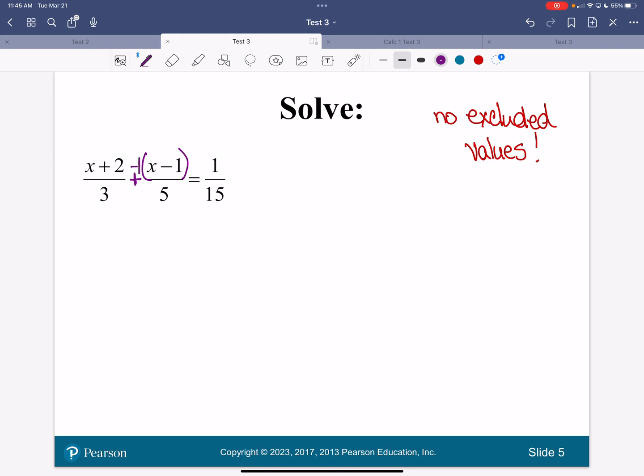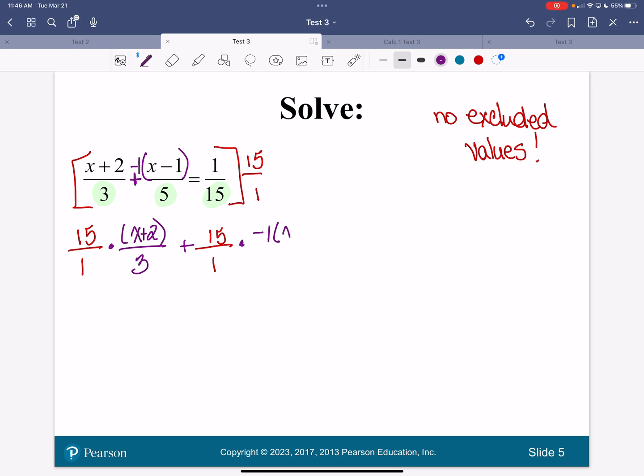Okay, now let's look at our LCD. So I've got a 3, a 5, and a 15. What's my LCD? 15. So I am going to multiply everything times 15 over 1. So I have 15 over 1 times x plus 2 over 3. Then I've got 15 over 1 times negative 1 times x minus 1.